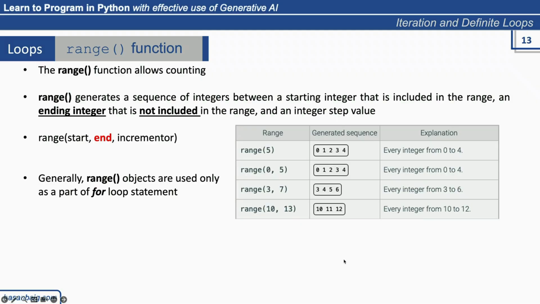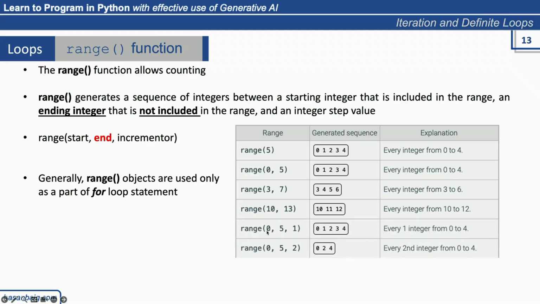The next thing is 0, 5, 1. Again, the default behavior, even if you do not specify 0 or 1, is that the sequence it generates will start from 0, and it will increment every value by 1. If you specify this, it will generate the same sequence, 0 to 4.